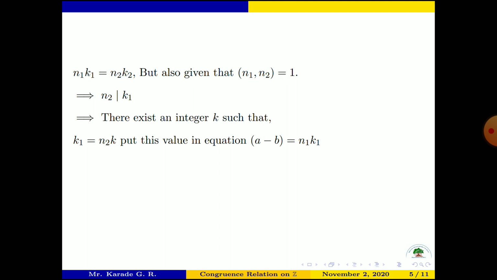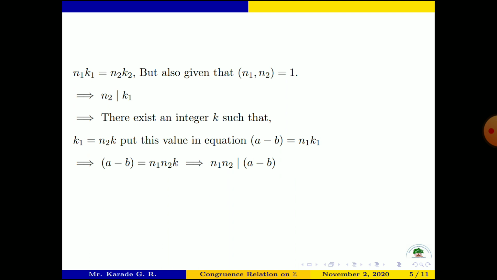Put this value in the equation above, which is A minus B is equal to n1 into k1. Now in place of k1 we put n2 into k, and we get the new equation A minus B is equal to n1 n2 k.